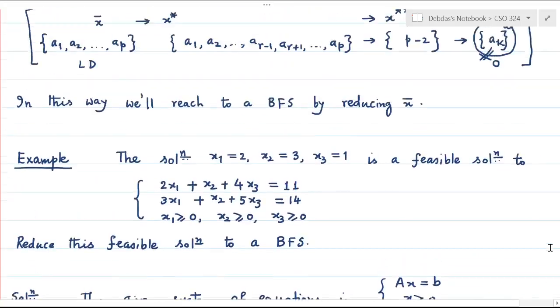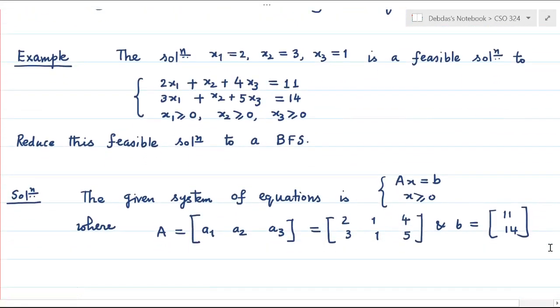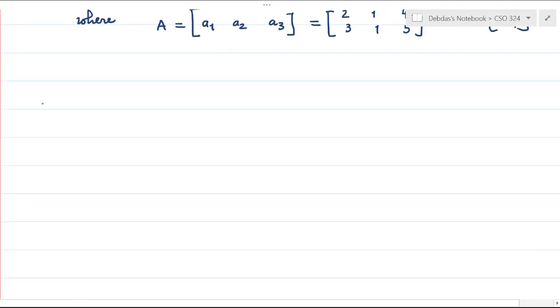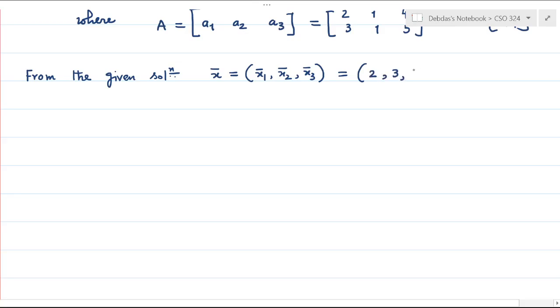Now, the given solution is 2, 3, 1, therefore from the given solution we have x bar, which is equal to x1 bar, x2 bar, x3 bar. x1 bar is equal to 2, x2 bar is 3, x3 bar is 1.